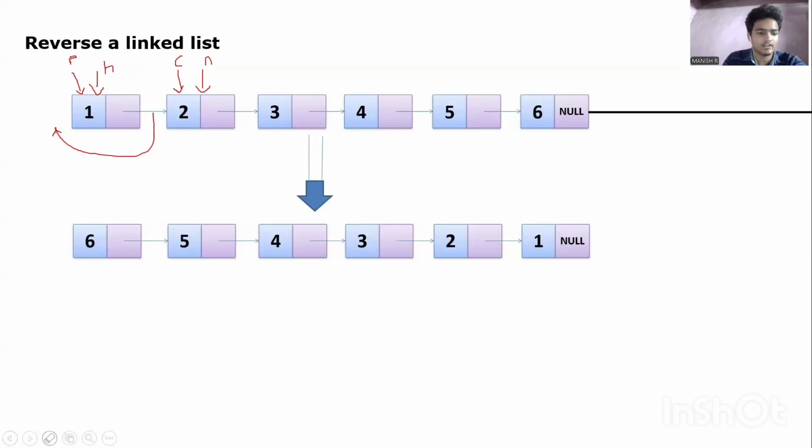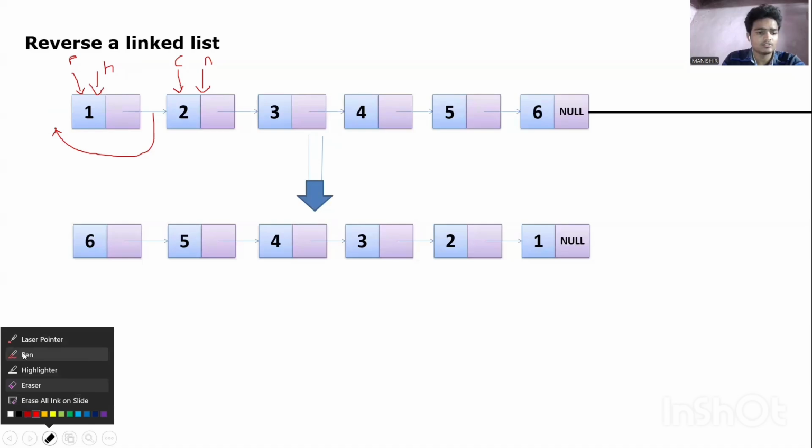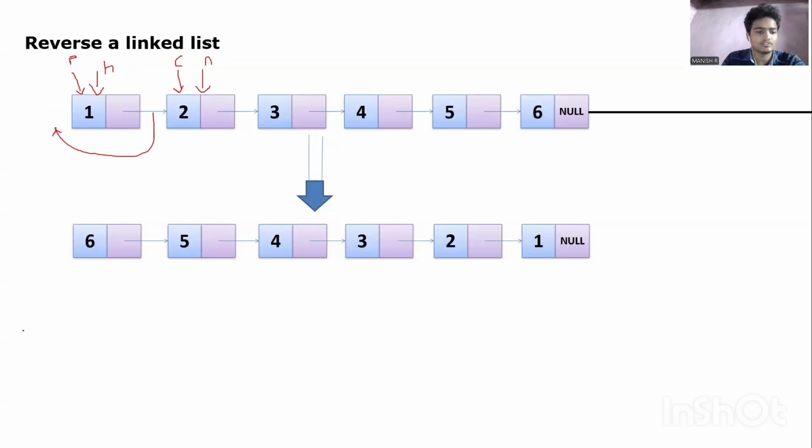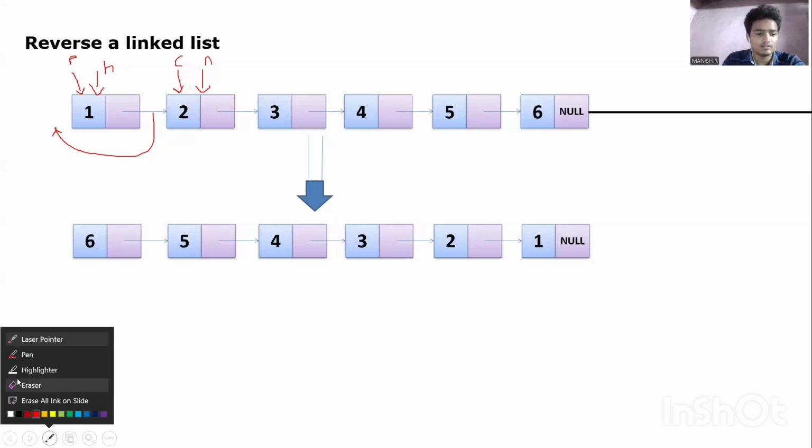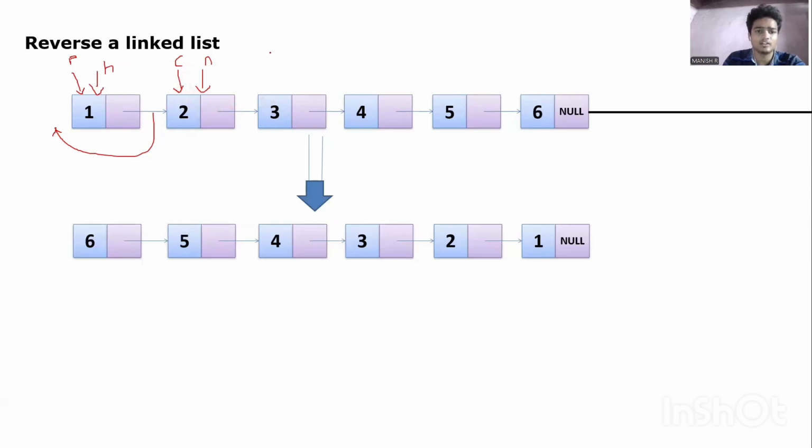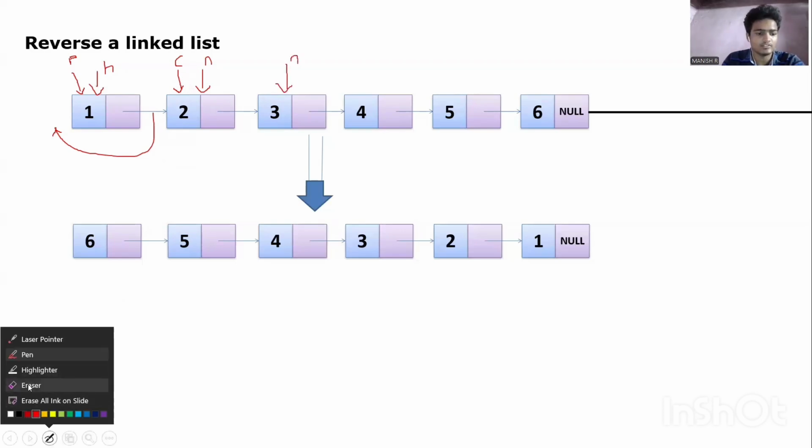Next, again it checks the while condition: current not equal to null. Therefore we move next to current of next, so next will point here. I will erase this next.